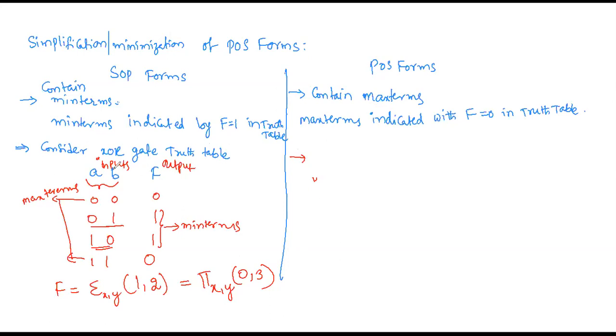For the explanation, we are taking one simple XOR gate. This is the truth table. Wherever f is 0, that indicates maxterms. Wherever f is 1, that indicates minterms. We have written the mathematical form here. Next, the third point.